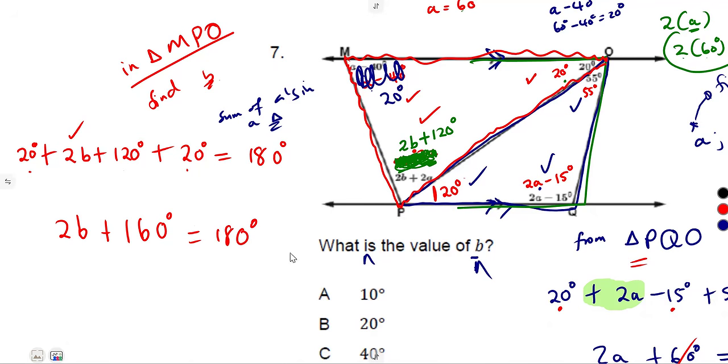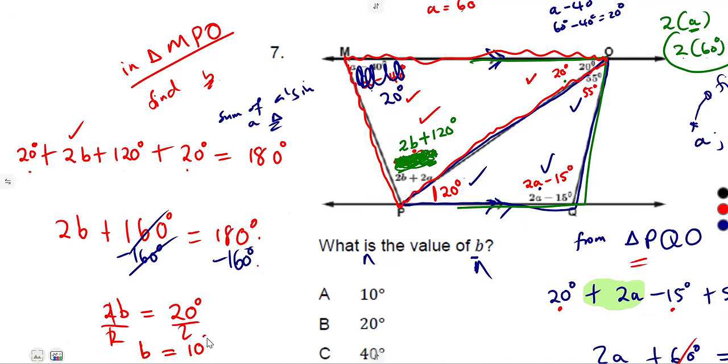To find B, we can simply subtract 160 from both sides of our equation. That gives us 2B equals 180 minus 160, that's 20 degrees. So we've got our B there, which is 10 degrees.